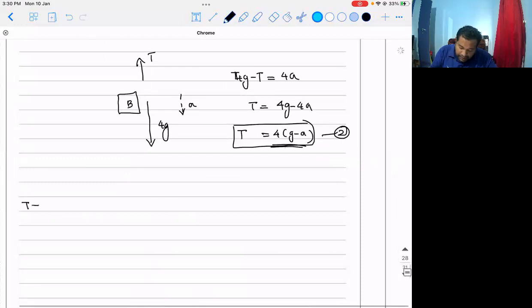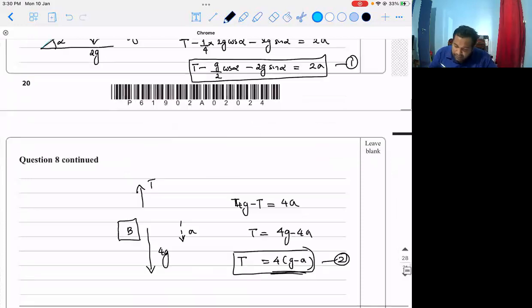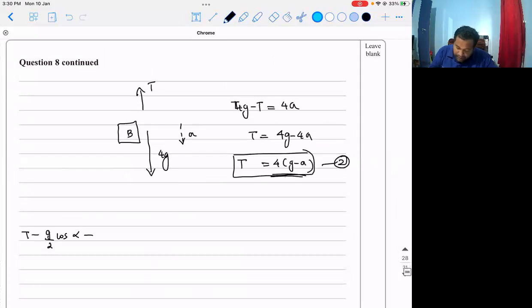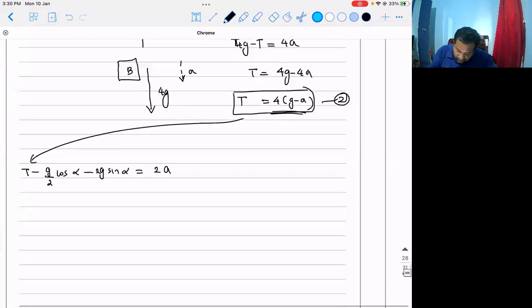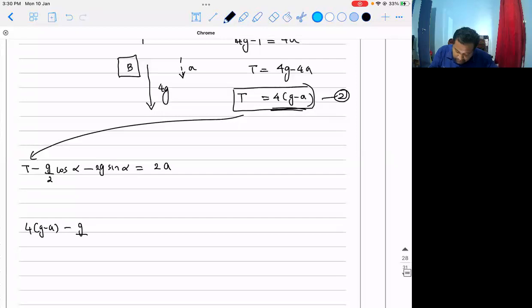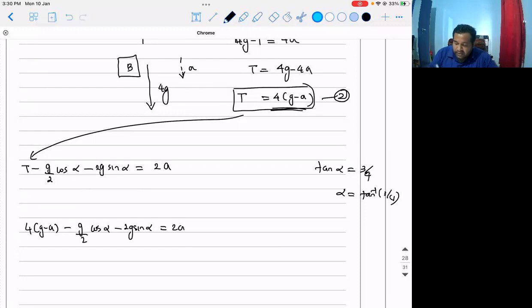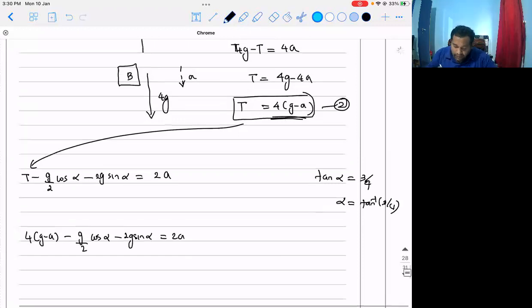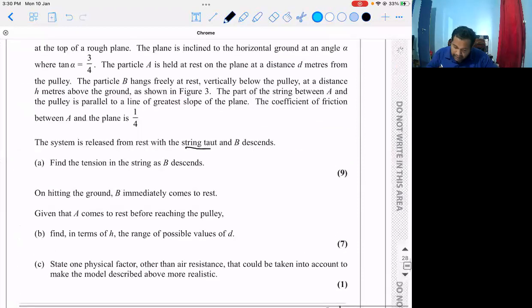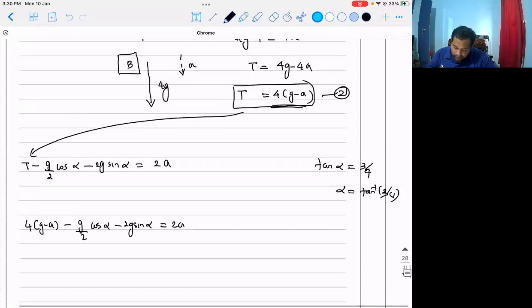So T minus (g/2) cos alpha minus 2g sin alpha is equal to 2a. In place of T, we can replace 4(g minus a), so 4(g minus a) minus (g/2) cos alpha minus 2g sin alpha is equal to 2a. We know that tan alpha is 3 upon 4, therefore alpha is tan inverse 3 upon 4, because tan alpha is already given as 3 upon 4.